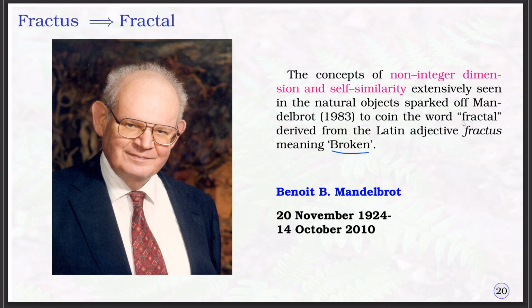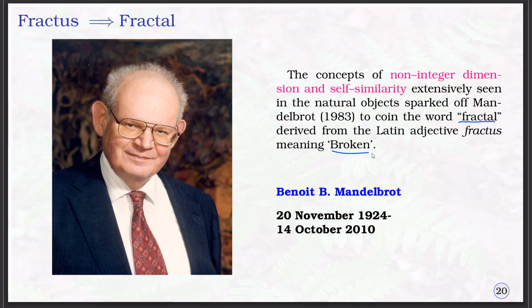So, this word fractal is derived from the Latin word fractus. He coined this name in the early years of the 80s, whereas the Cantor set, Sierpinski triangle and Van Koch curve are already defined and well known to all mathematicians.